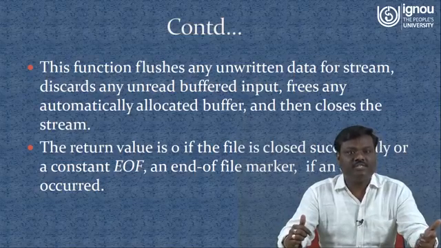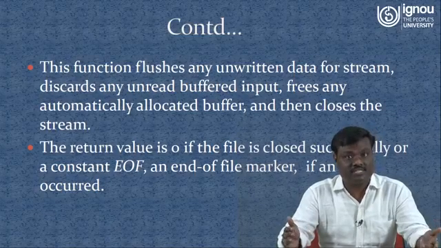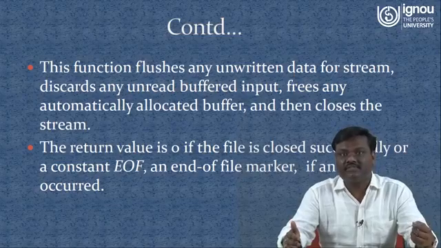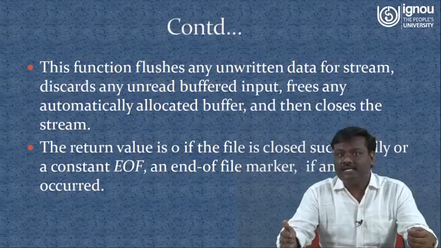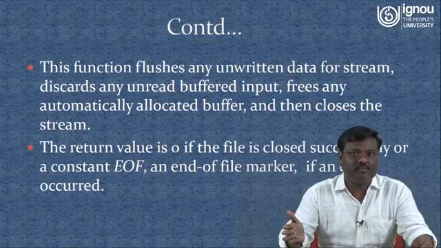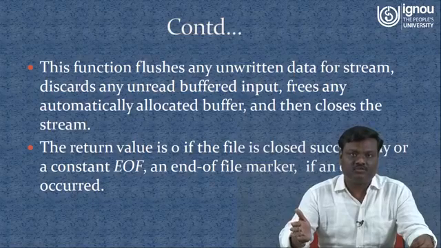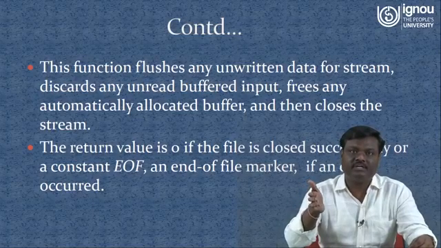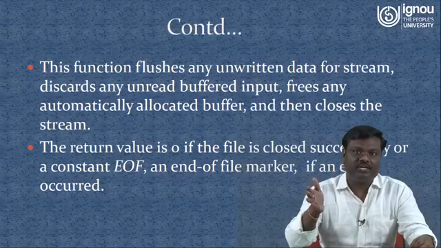The return value is 0 if the file is closed successfully, otherwise if there is any kind of error it will be displayed. And what is the file marker? EOF is the file marker for any file. So for f1 also EOF will be there, that is the delimiter of the file that we are about to close.